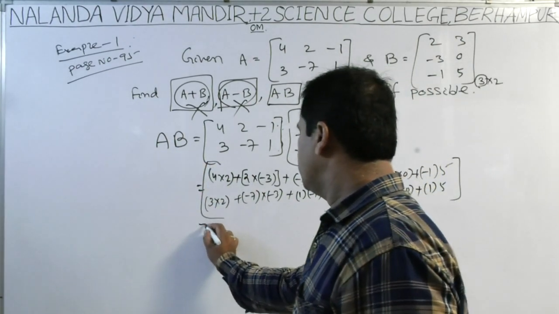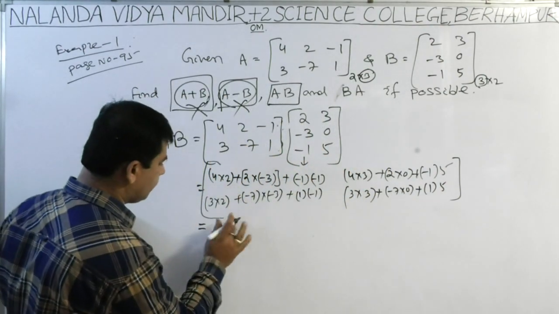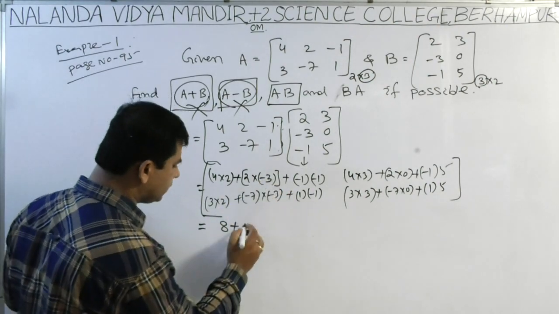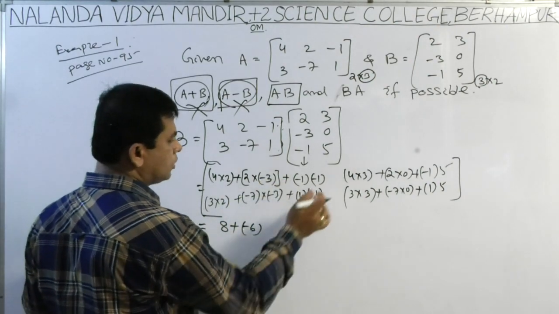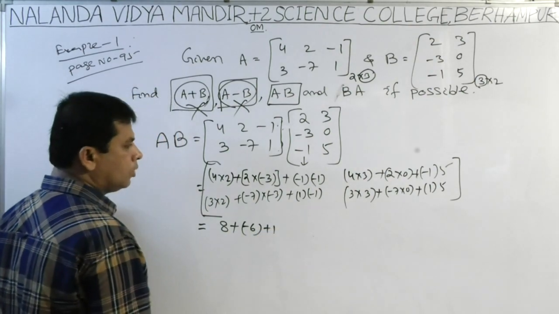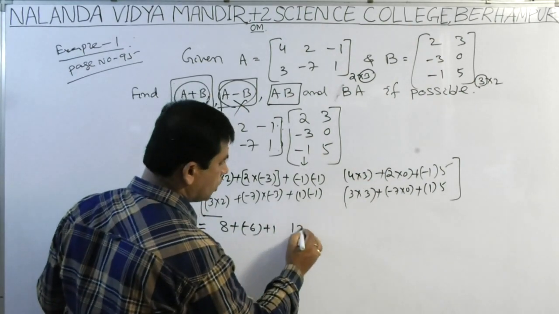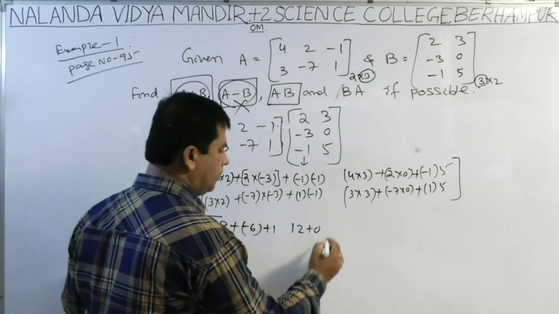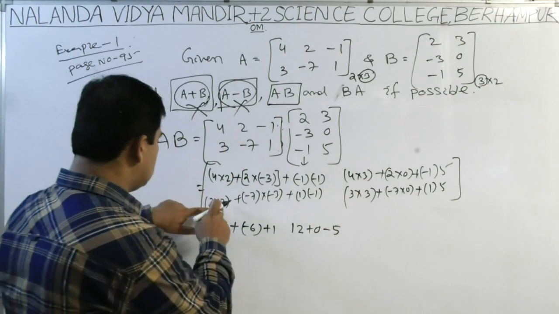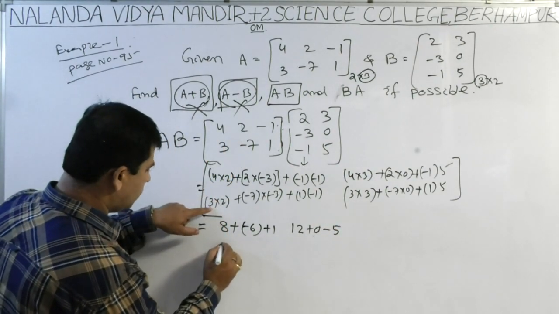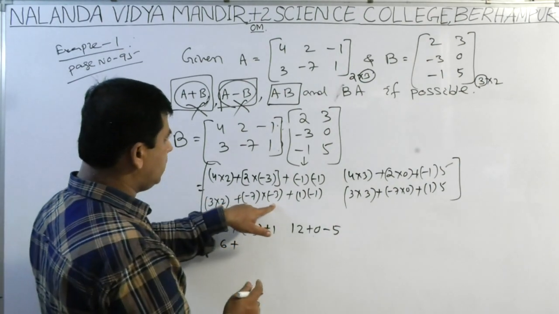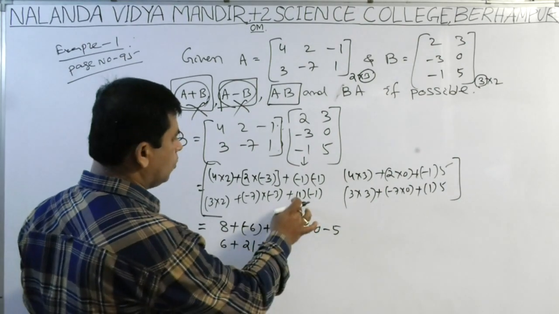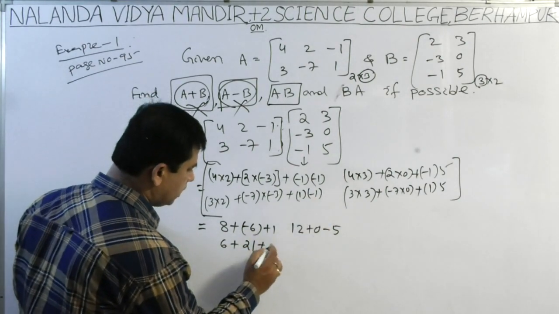This is equal to 4 into 2, 8, plus 2 into minus 3, that is minus 6, plus minus 1 into minus 1, that is plus 1. Now 4 into 3, 12, plus 2 into 0, 0, plus minus 1 into 5, that is minus 5. Now 3 into 2, 6, plus minus 7 multiplied with minus 3, plus 21, plus 1 into minus 1, that is minus 1.